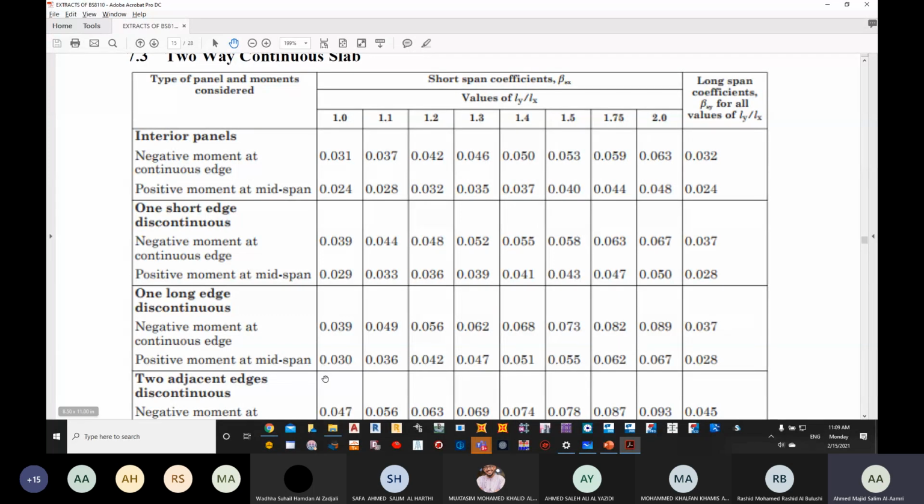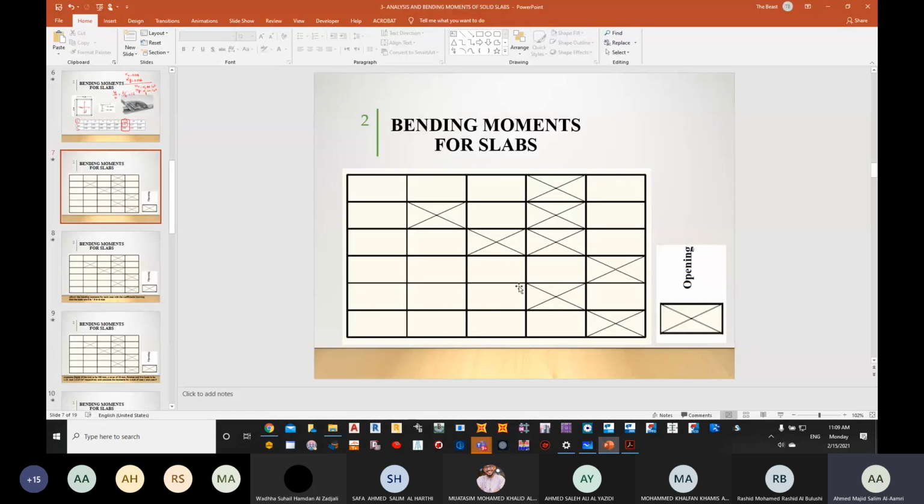other slabs. Like for example, if we go now to our slides, out of these cases, can we see a slab which is going to be surrounded by all slabs from all sides? Can I say this slab is continuous from this side, continuous from this side, continuous from this side, and this side?